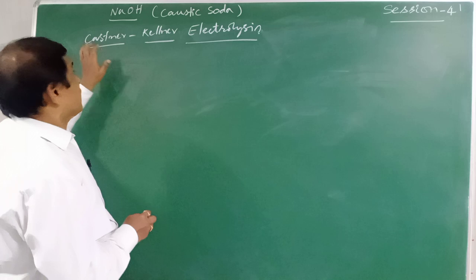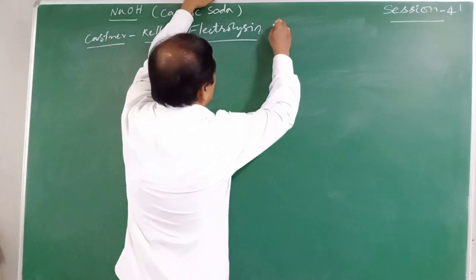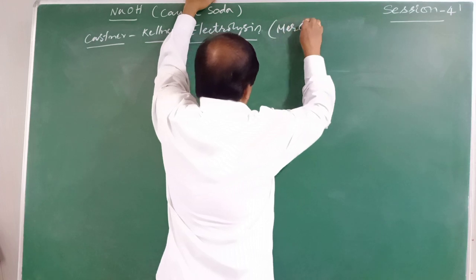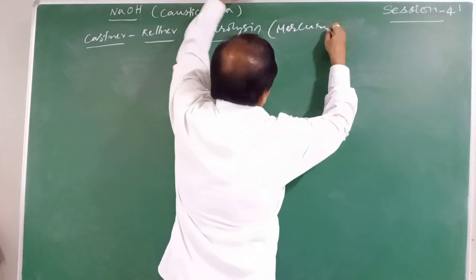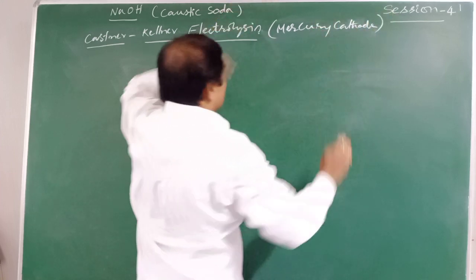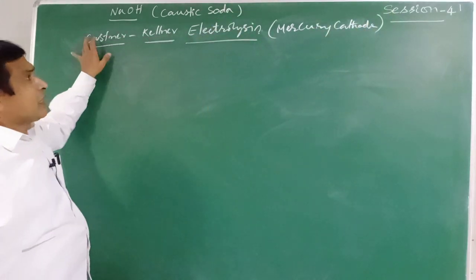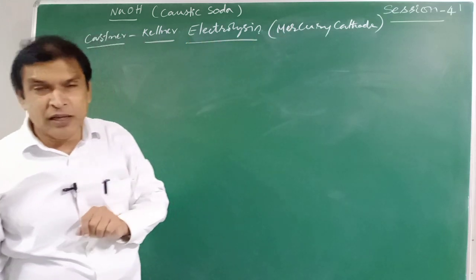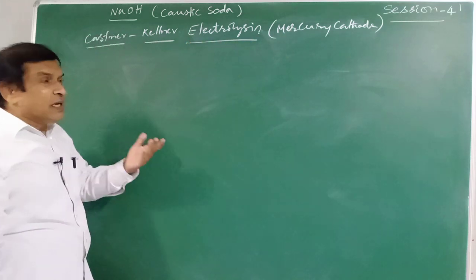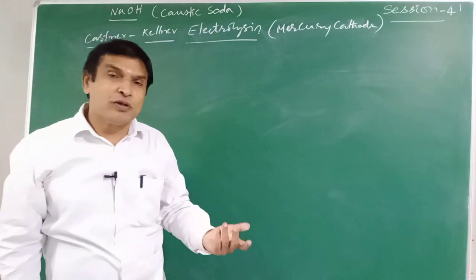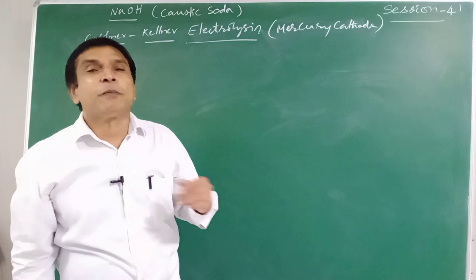Therefore, the process is also called the mercury cathode process. Remember that name. Kastner-Kellner process is nothing but the mercury cathode process. In this process, mercury acts as an intermediate electrode, that is both cathode as well as anode.